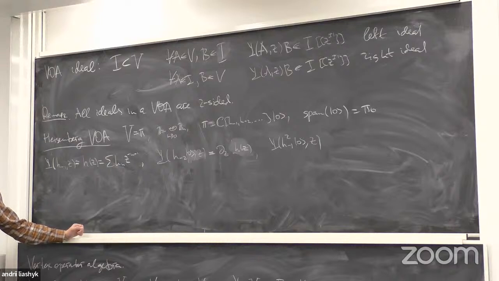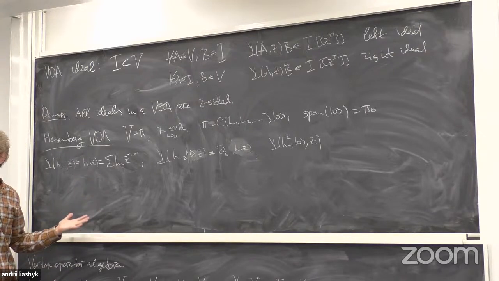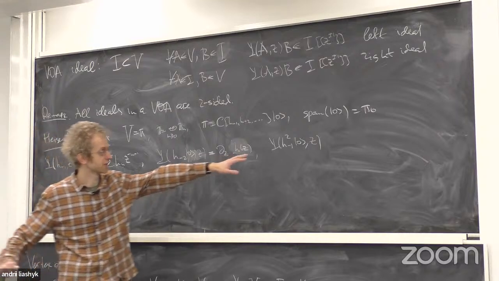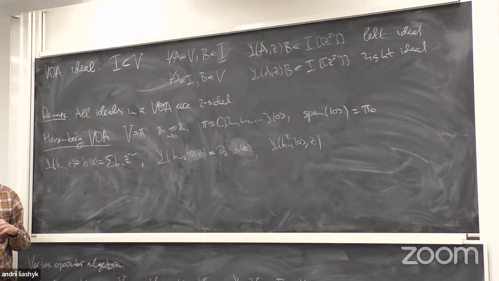I'm trying to motivate the general formula I'm going to write, but this is the way you can guess what it should be. So any guess for this? Is there another way to somehow make conformal dimension 2 out of the conformal dimension 1?